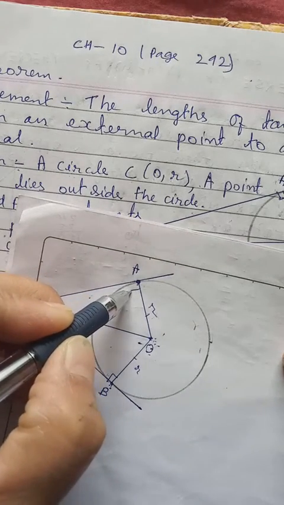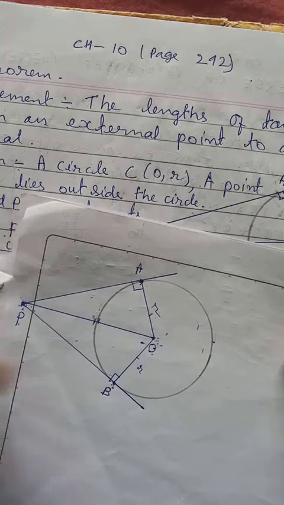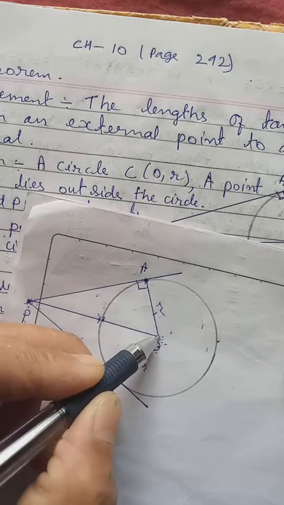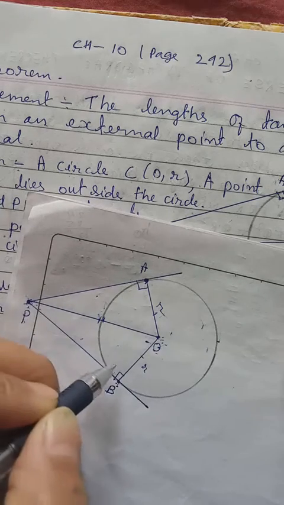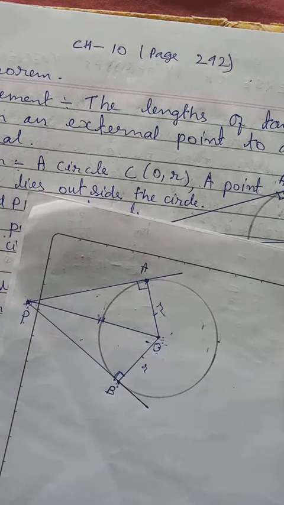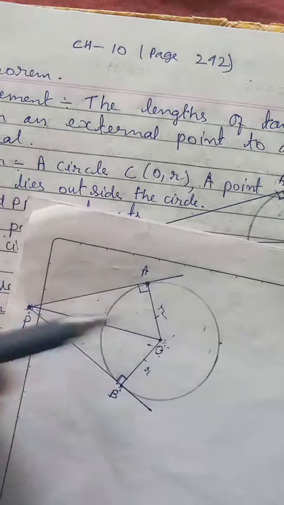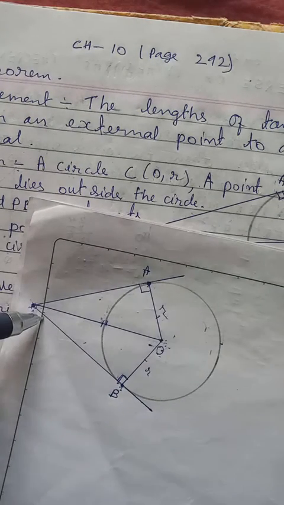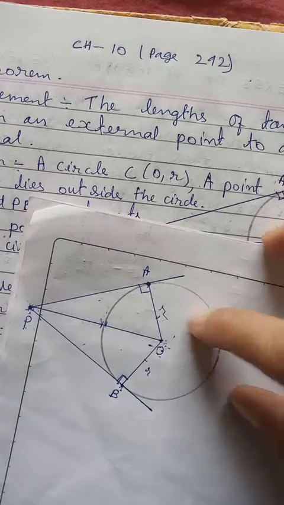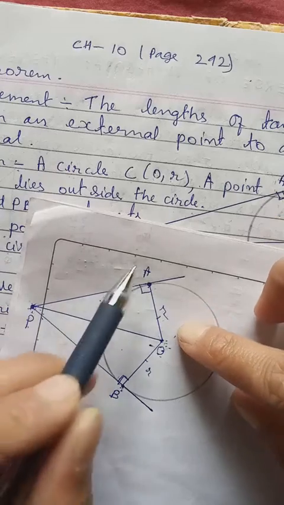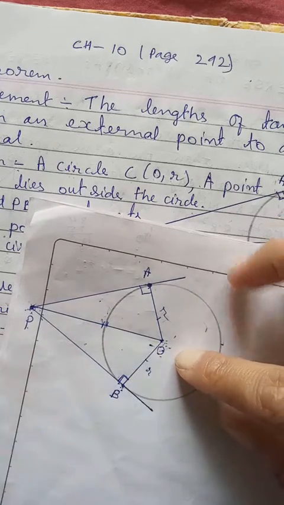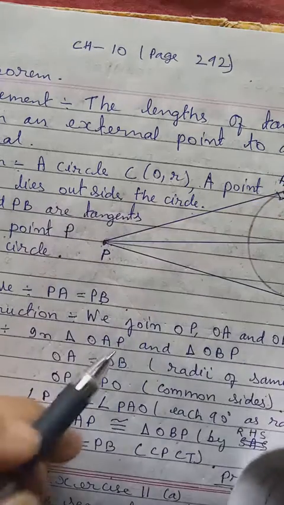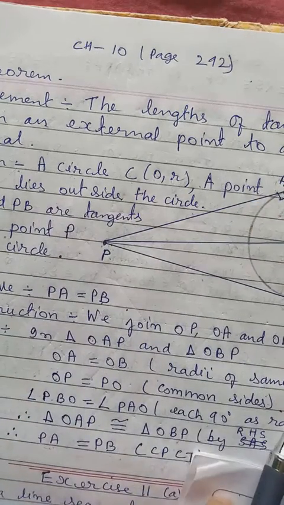So that means this angle here is 90 degrees. Then here also same case. This is radius. This is tangent. So it will make 90 degrees because we know radius is perpendicular to the tangent. So that means angle PAO equal to angle PBO, which is 90 degrees because radius is perpendicular to tangent.